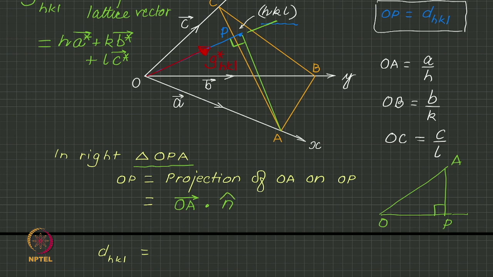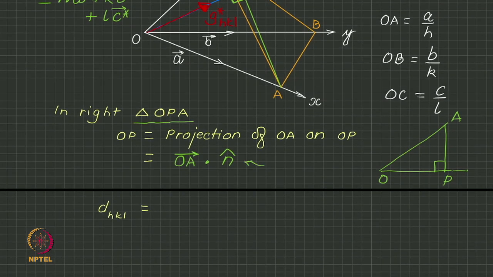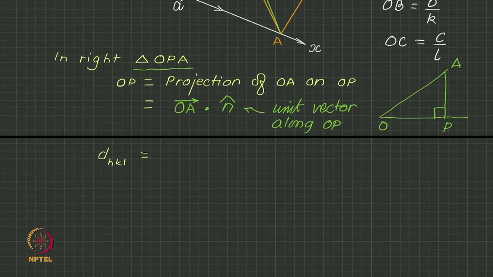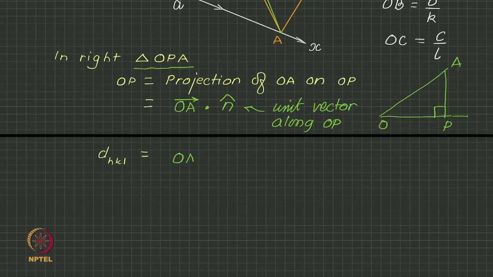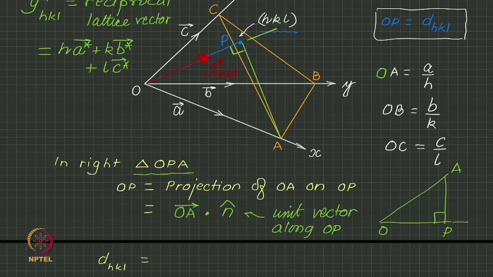So, OA dot n, where n is the unit vector along OP. Now, what is the vector OA?